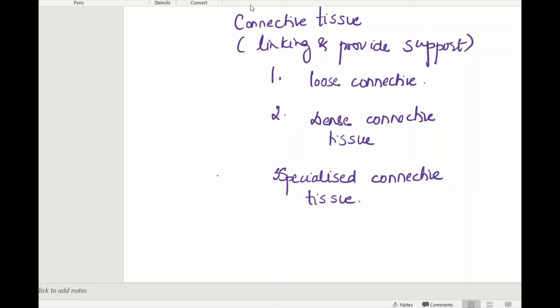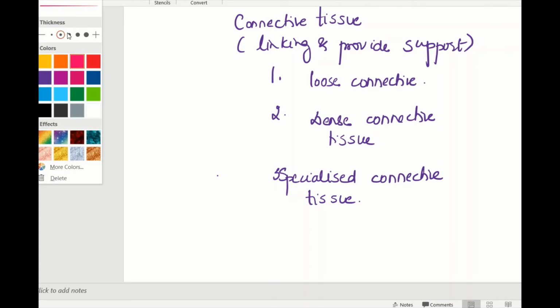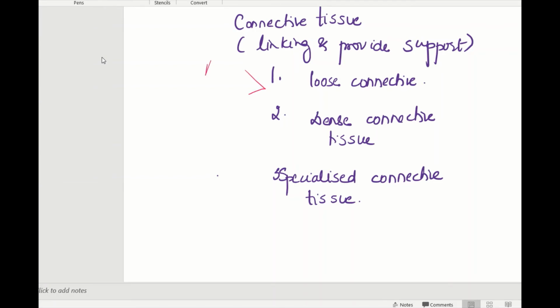Okay. Now, in the loose connective tissue, right? What did we study? We studied two types. One is areolar connective tissue and the other is adipose connective tissue.